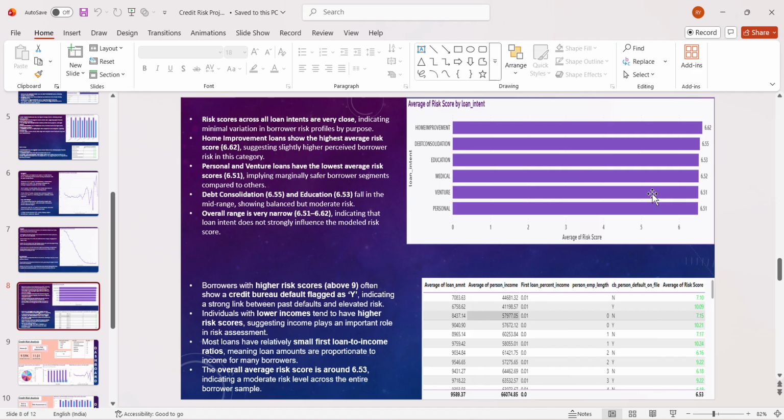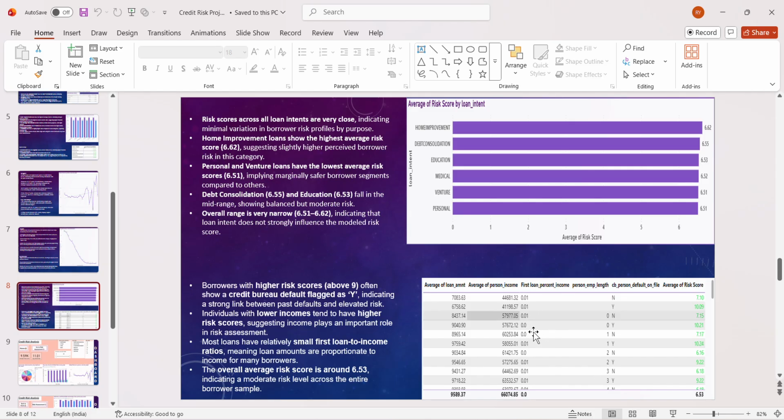The overall range is very narrow, indicating that loan intent does not strongly influence the model risk score, because, as we know, 0 to 20% represents very low risk and strong repayment capacity, as we discussed in previous visualizations.